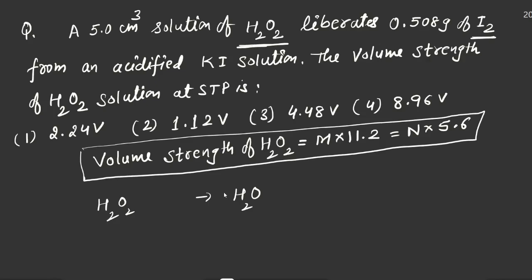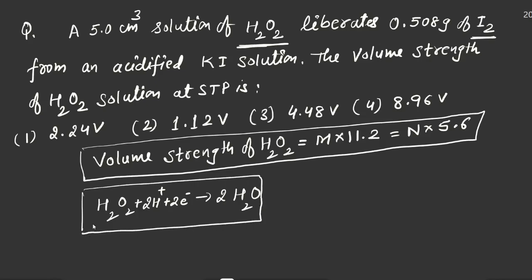So to balance oxygen, it is like this: H2O2 plus 2H plus 2 electron gives 2H2O. So H2O is formed in acidic medium, OH negative is formed in the basic medium.